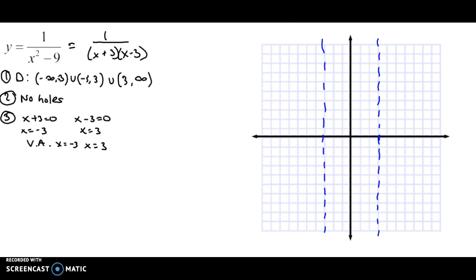Okay, step 4 says for us to look at our cases. So I look at the cases for step 4.